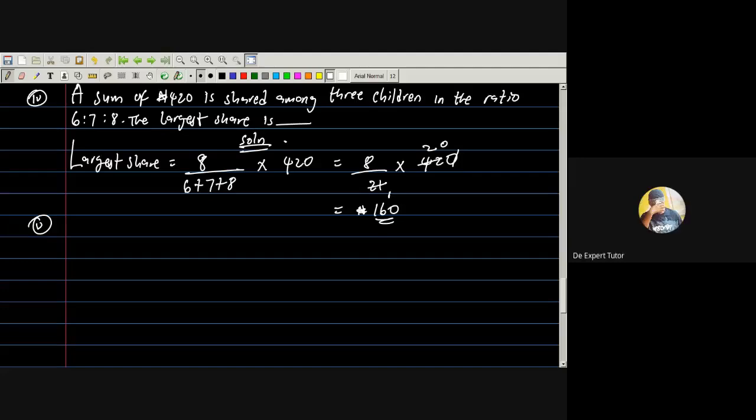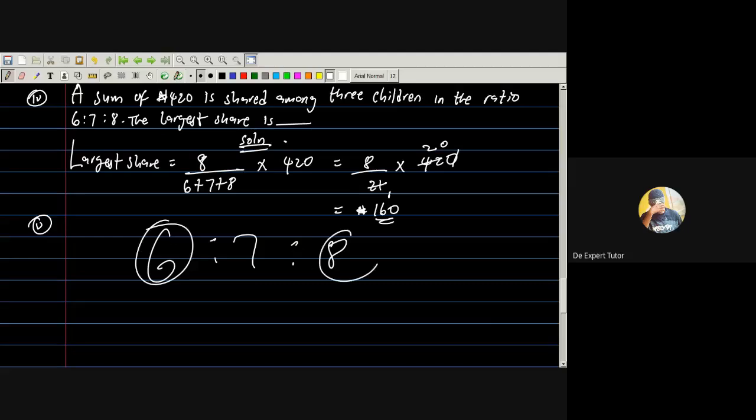Okay. Let me explain again. They said that a sum of money, 420 naira, is shared among 3 children in the ratio 6, 7, 8. They said the largest share is what? Pay attention. You see this ratio, 6, 7, 8. The smallest number is the person that collects the smallest share.